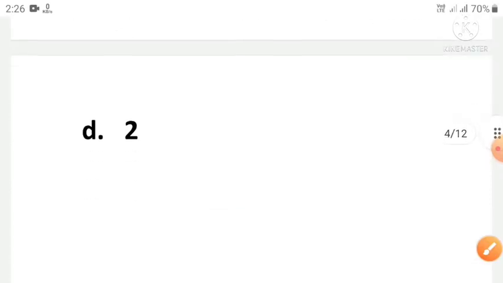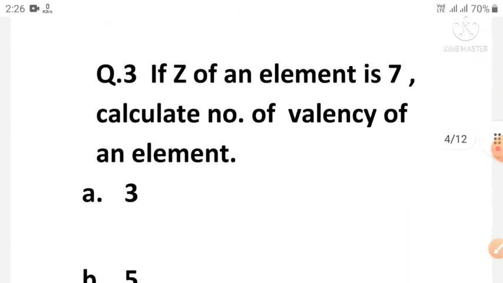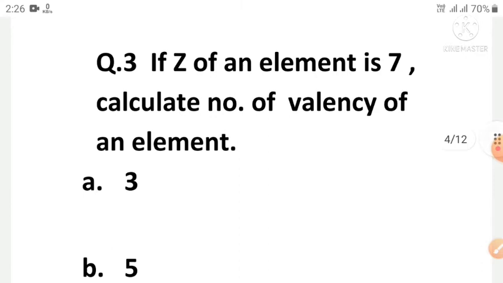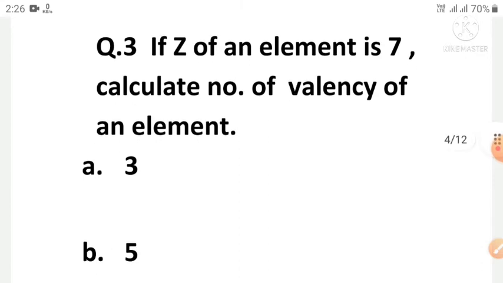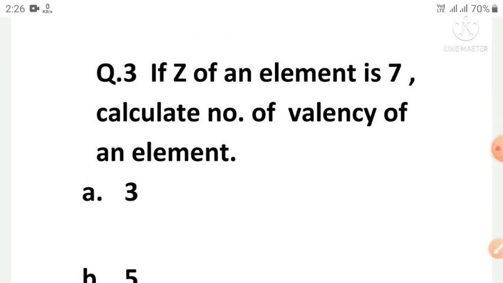Now we see the next question. If Z of an element is 7, calculate the valency of the element. Here Z of the element is clear, so we first write the electronic configuration, then derive the outermost shell, and after that you obtain the valence electrons, then derive the valency.